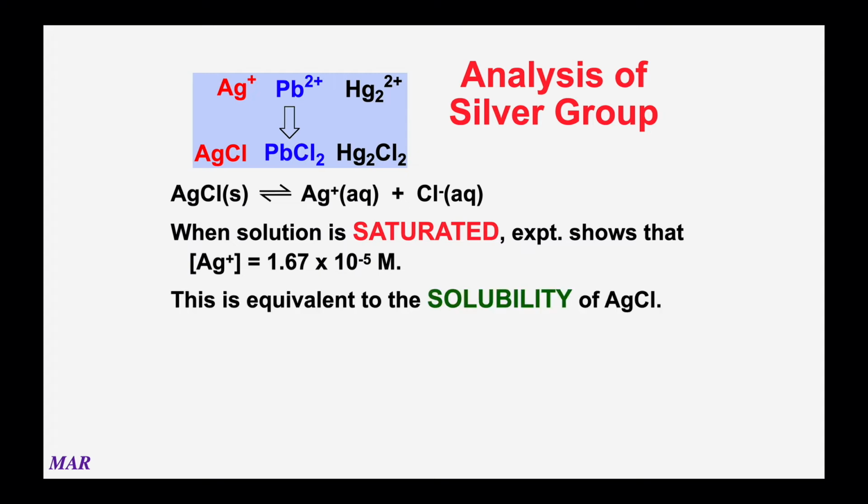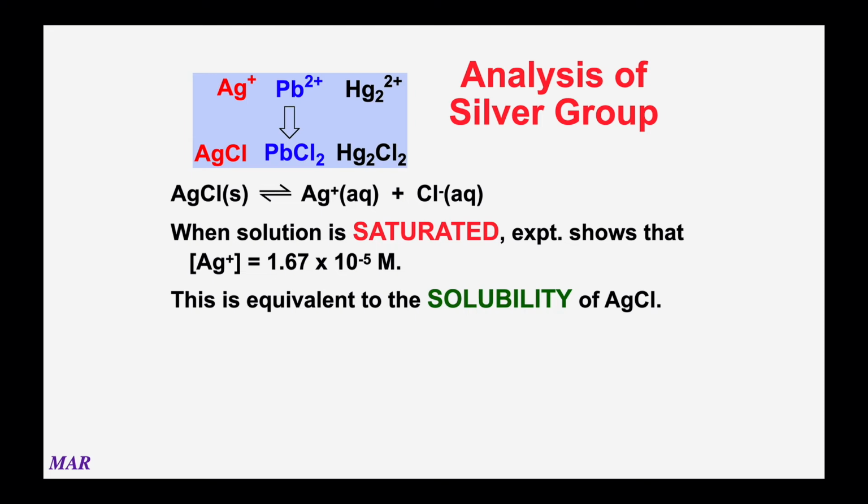The solubility of silver chloride then is also equal to this number, because if you go to 1.68 times 10 to the minus 5, just a little bit more, that's when you're going to start making a solid. If you're at 1.66 times 10 to the minus 5, just a little bit under, you won't see a solid. So the solubility, again, is literally a threshold as to when you see solid and when you don't.